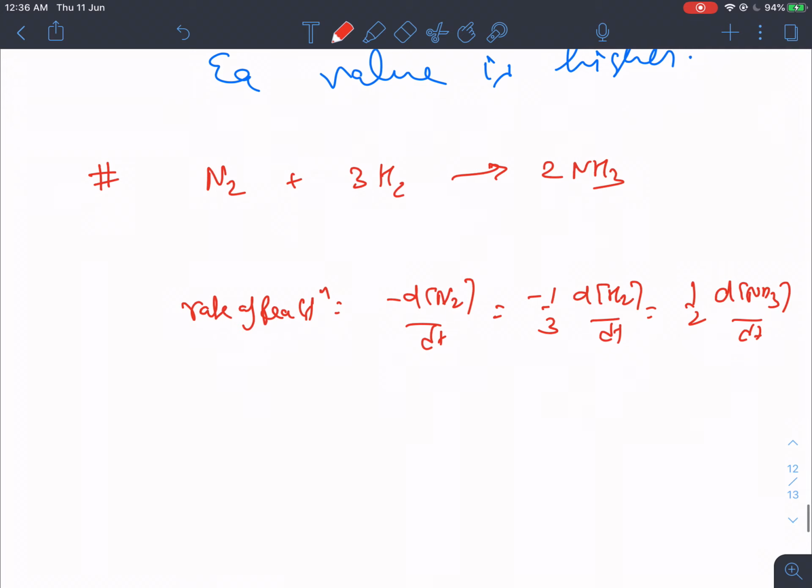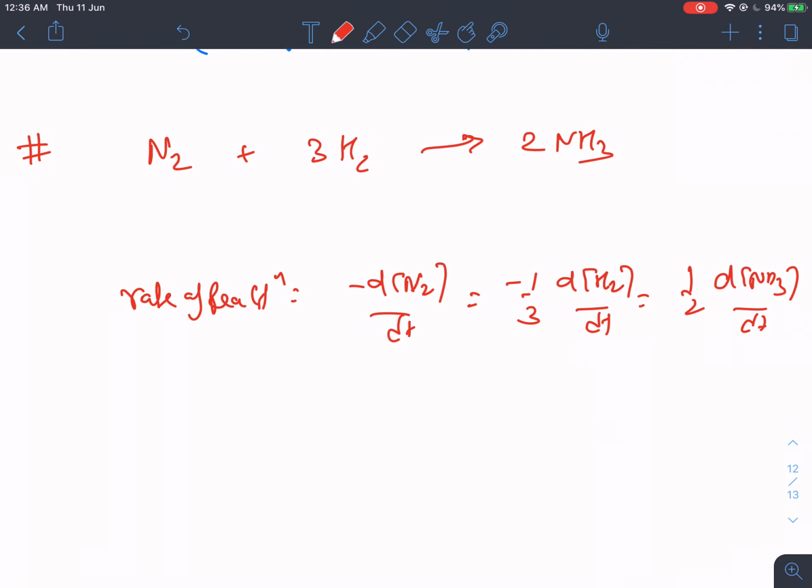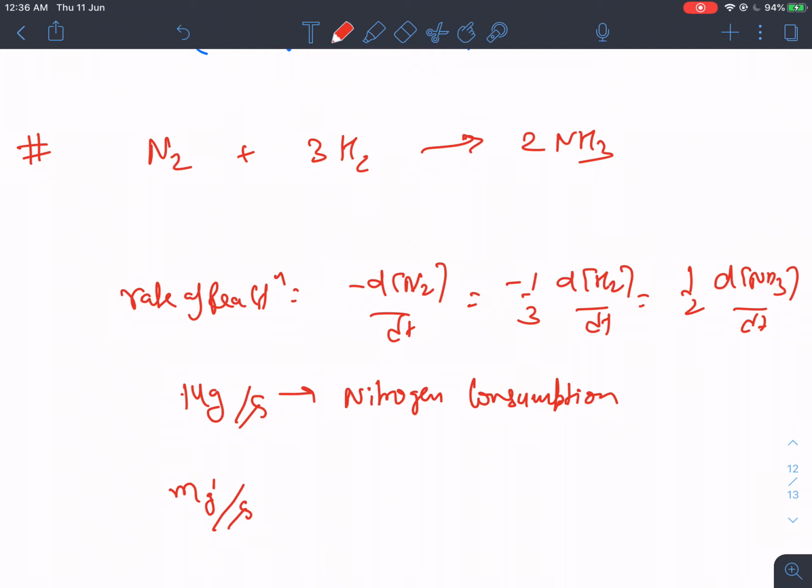Now suppose I told you that at a certain moment, 14 gram of ammonia is produced per second. Now if I ask, can you tell me how many grams of ammonia are produced per second?